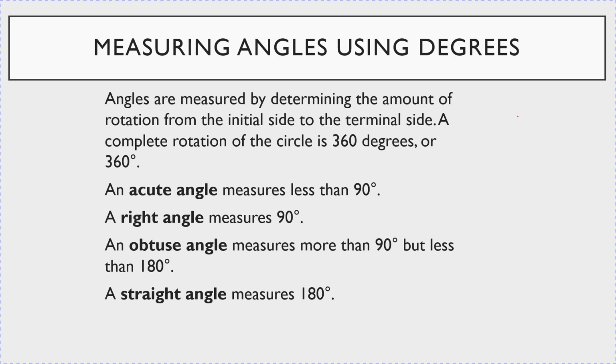So if we have an angle that goes around like this and back, that is a 360-degree angle. An acute angle is an angle that measures less than 90 degrees. That might be an angle that looks like this.